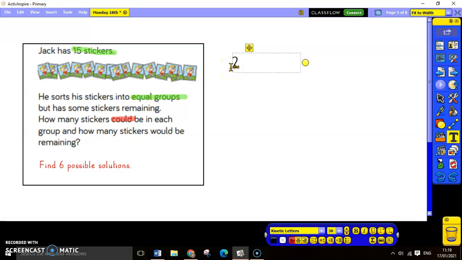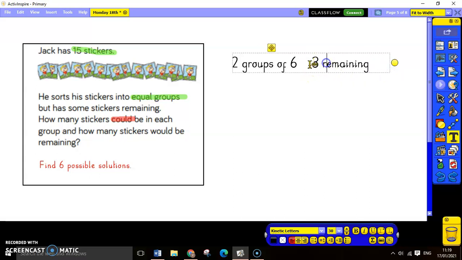Well, then he could have 2 groups of, well, if I've got to have one left over, I've got to think of a number that multiplies by 2 and gives me something left over. Well, if he had 2 groups of 6, he'd have 12, and then he'd have 3 remaining.